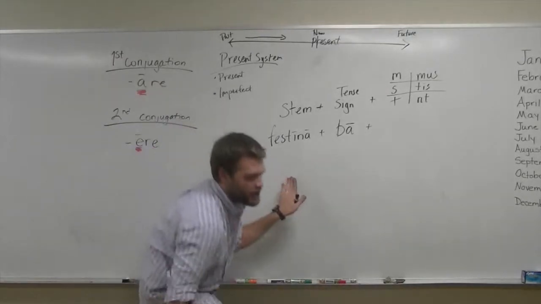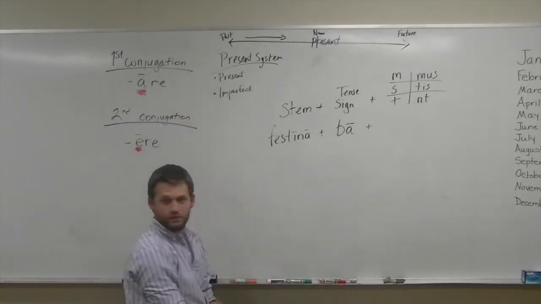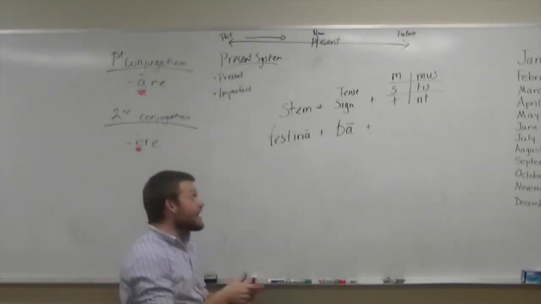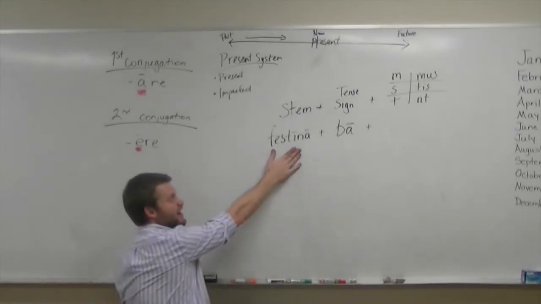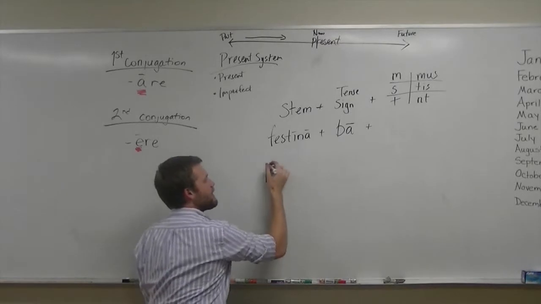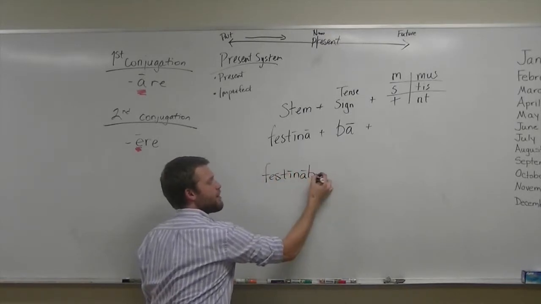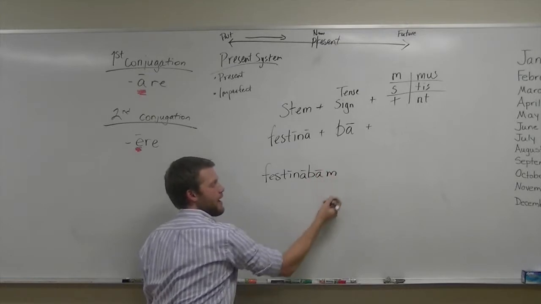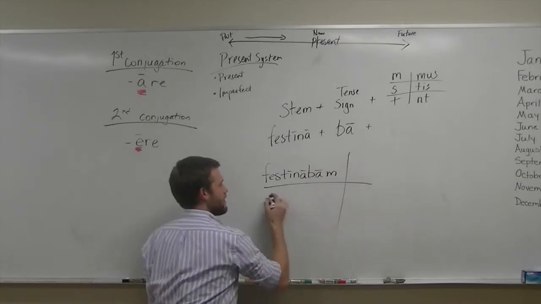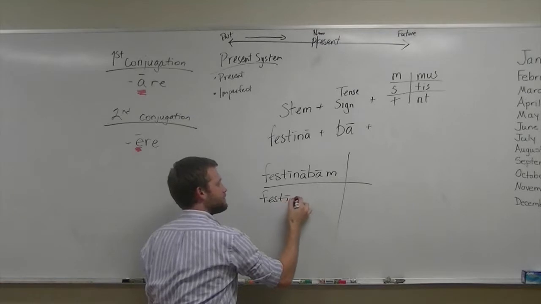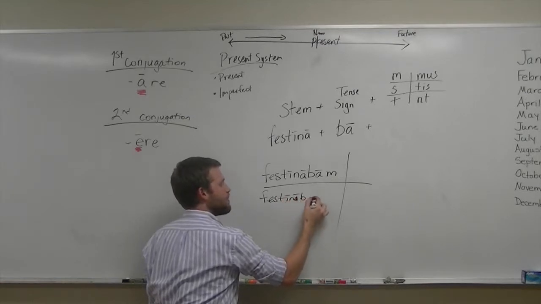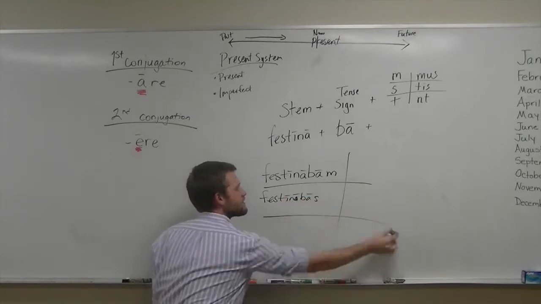So I'll conjugate this here. That's a long word, festina. You can see we already have three syllables in our stem. But here we go. So I'm going to go my stem, festina, plus ba, plus m. Festina, plus ba, plus s.